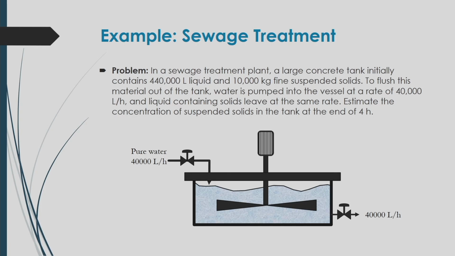Now, to flush this material out of the tank, water is pumped into the vessel at a rate of 40,000 liter per hour, and liquid containing solids leaves at the same rate. Now, in this case estimate the concentration of suspended solid in the tank at the end of 4 hours.